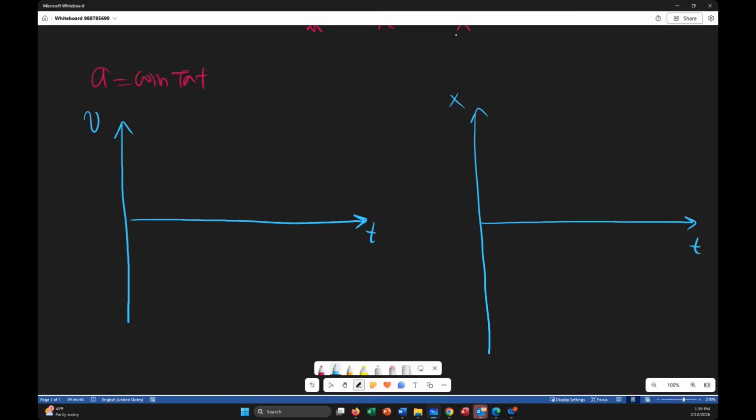Again, I assume that in this situation, everything starts from the origin, at x equals 0. I don't draw a couple of things, but you can be behind the origin or in front of the origin.